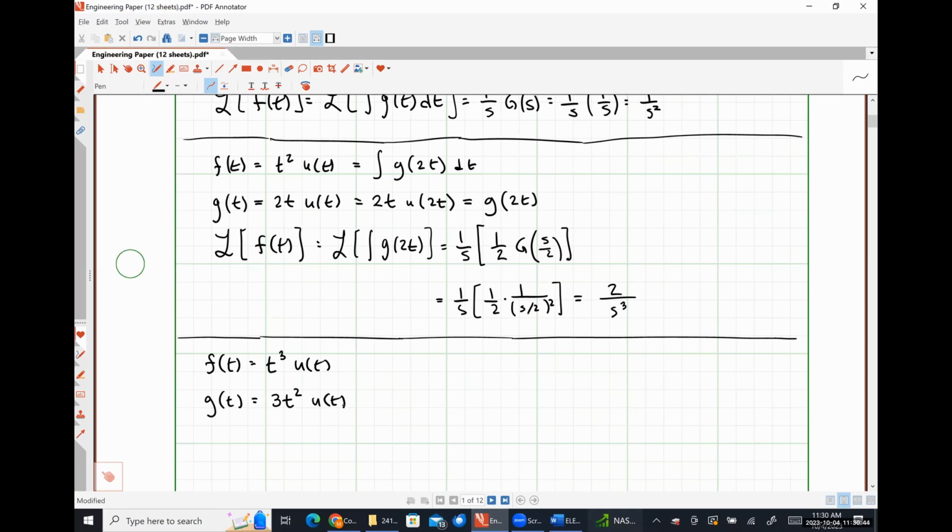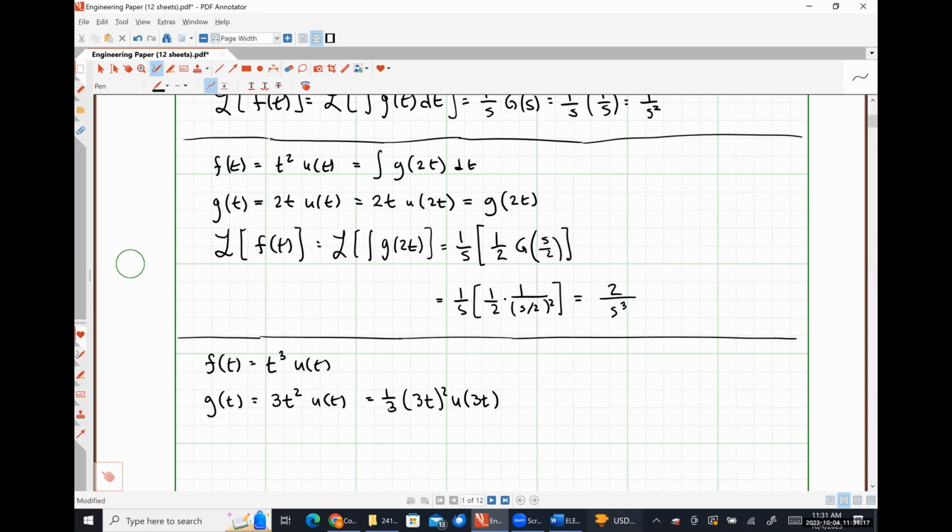And I'm going to try to figure out a way to put this in the form that I could use the time scaling property again, so that we're effectively just repeating the same step. So how am I going to make this thing a function of 3t? Right? So this could look like 3t squared times u of 3t if I just put a factor of 1/3 out front, right?